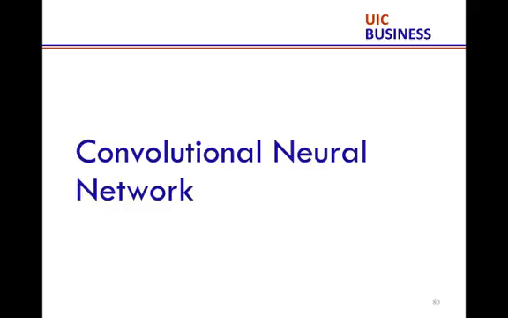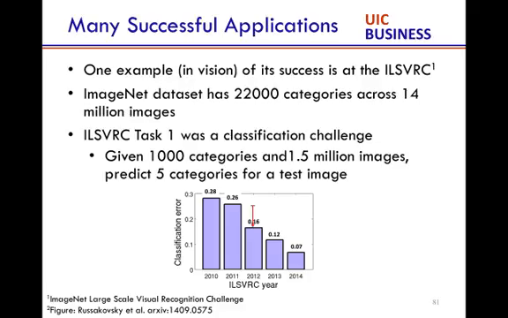So let's get to the core concept of today, which is a convolutional neural network. Okay. I'll display a slide that I showed in the first lecture, which is this image classification task. This is actually a success for convolutional neural networks. If you remember, this ImageNet large scale visual recognition challenge has a classification task.